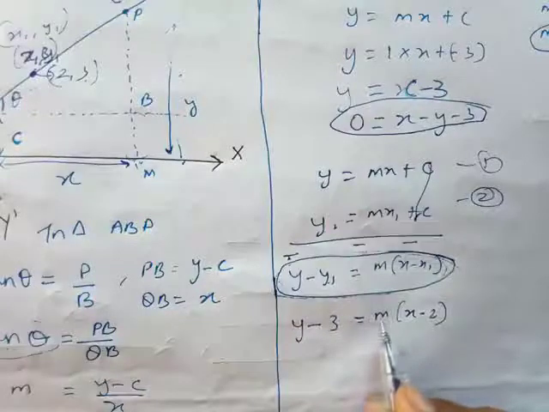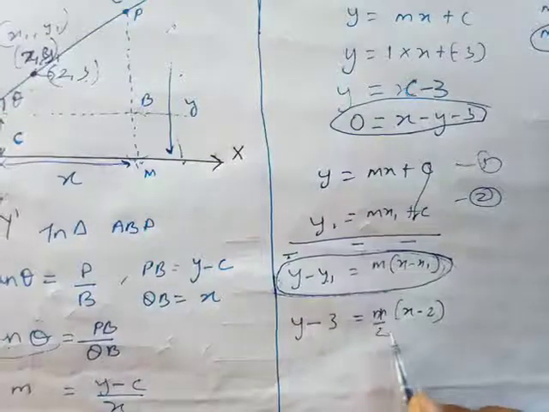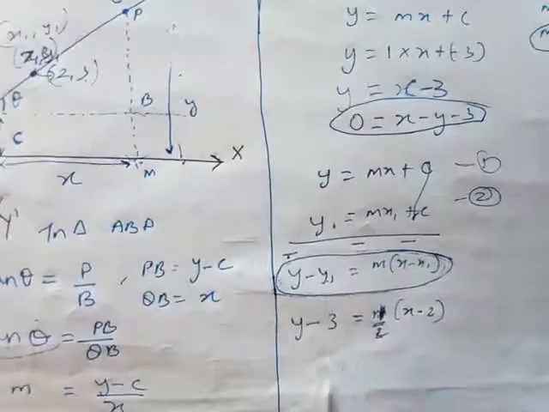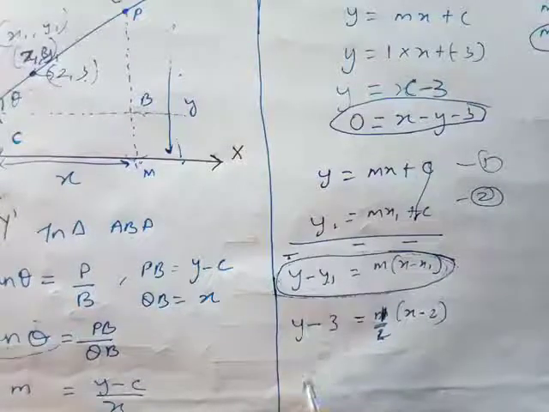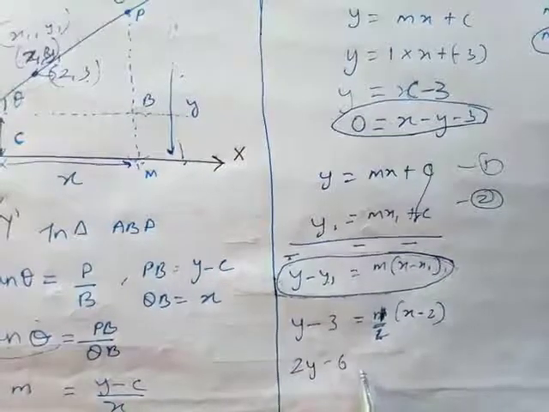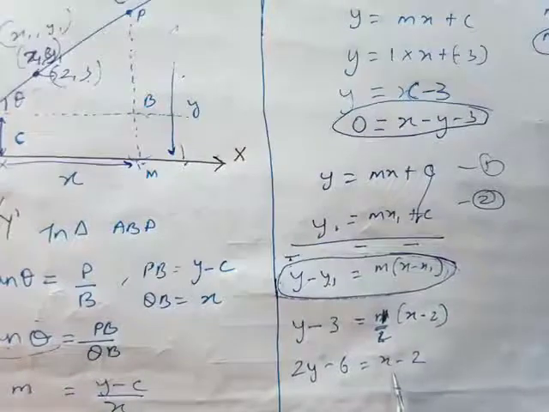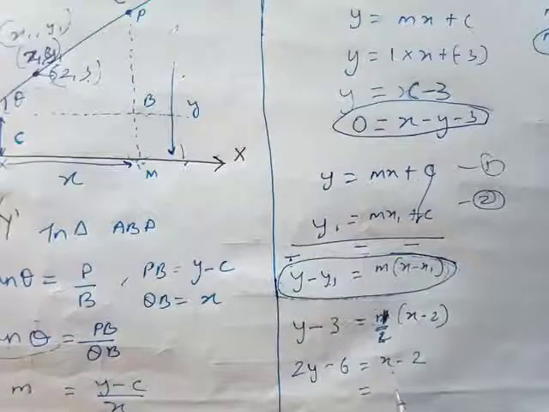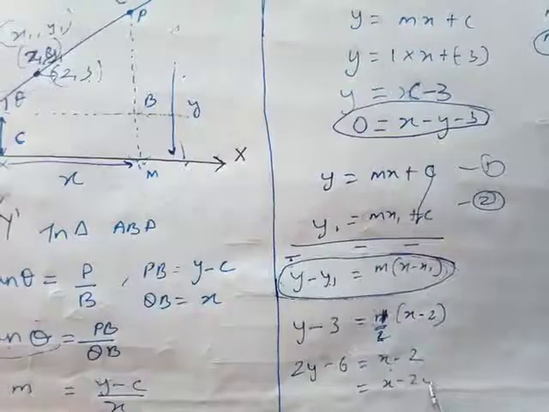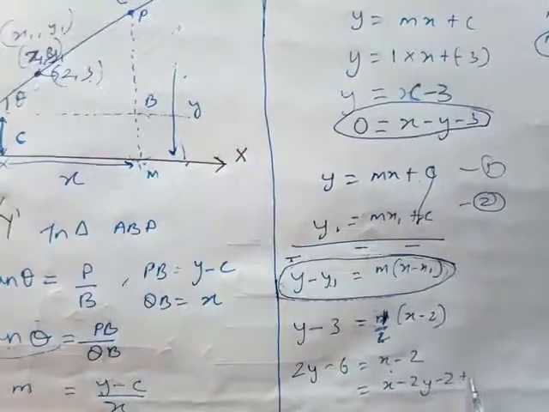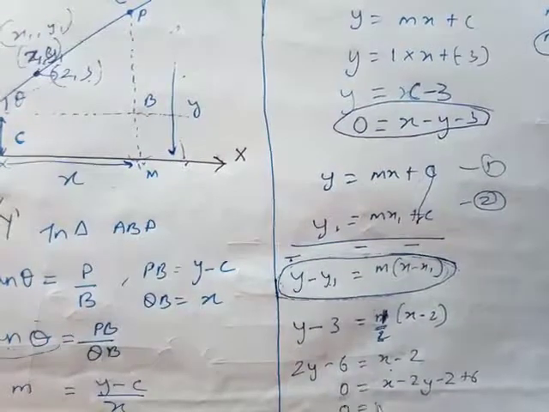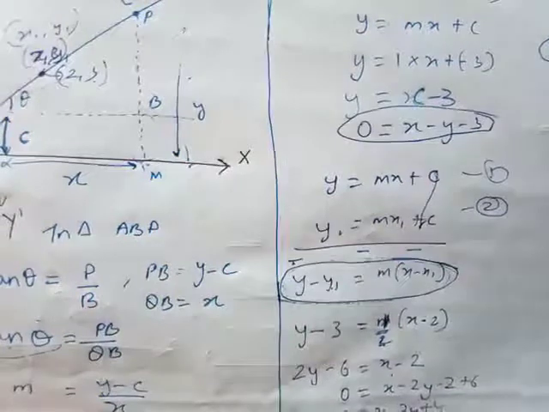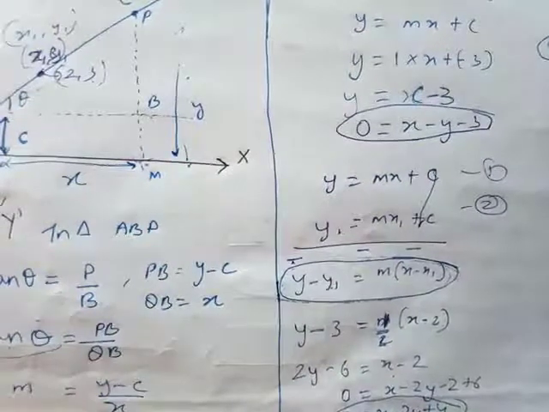Let's say the slope is 1/2. So 2 goes to the other side: 2y minus 6 equals x minus 2. So the equation is x minus 2y minus 2 plus 6 equals 0, so x minus 2y plus 4 equals 0. This is the equation of the line.